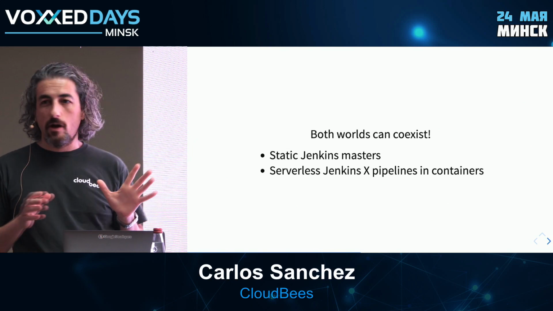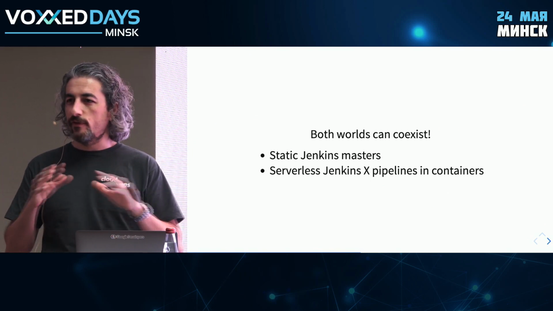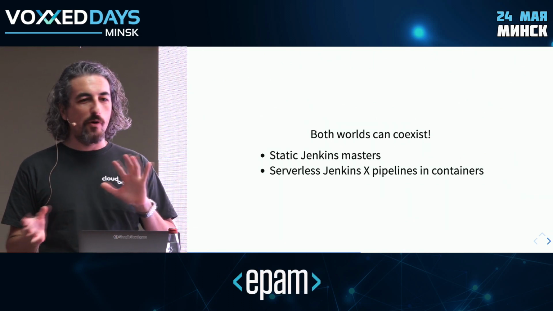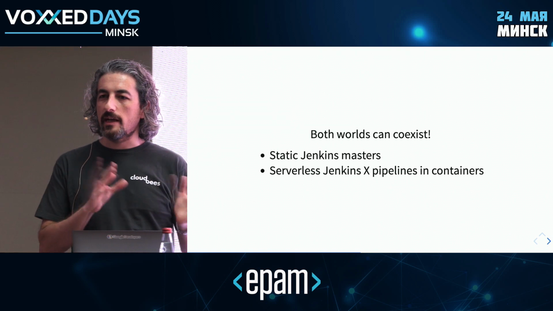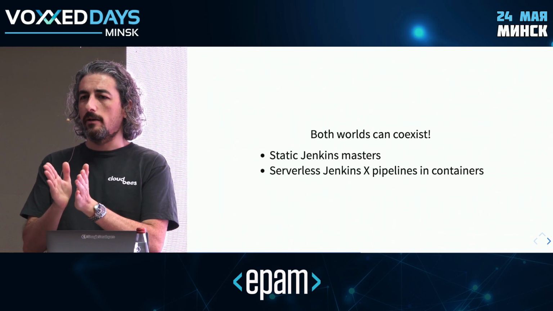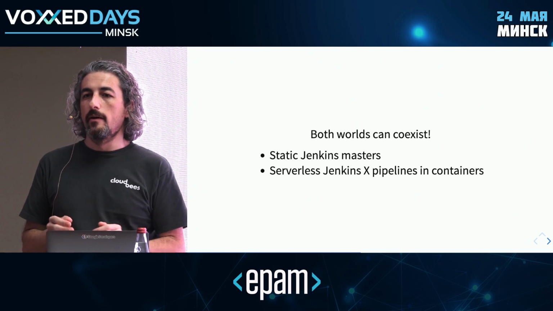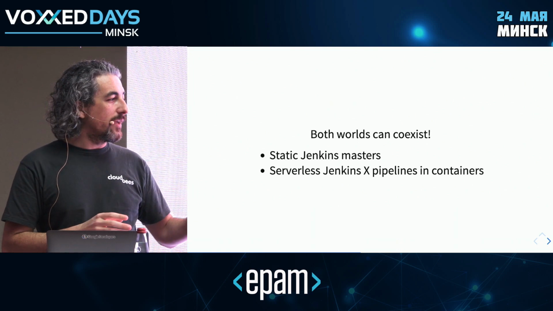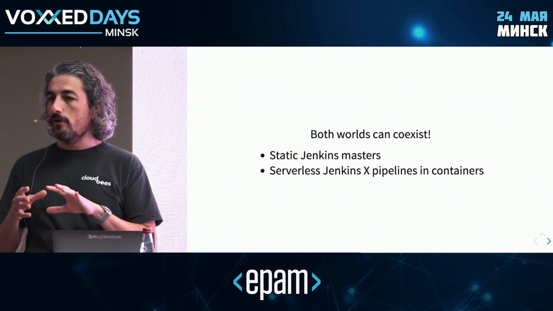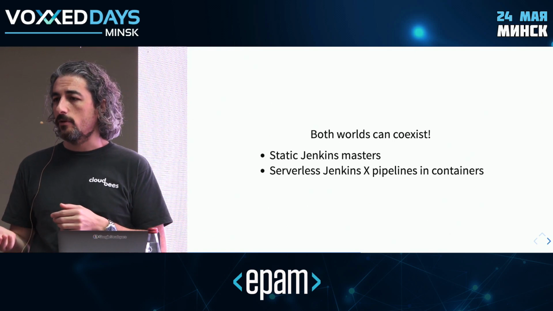It's very important to know that although I'm going to show you serverless Jenkins and a bit of the future and the bleeding edge, both worlds can coexist. You can have a Jenkins master running on Kubernetes, and you will interact with both serverless or a static master in the same way. So if the new format of pipelines and Tekton doesn't work for you, it's very interesting for new projects and projects that are deployed to Kubernetes.